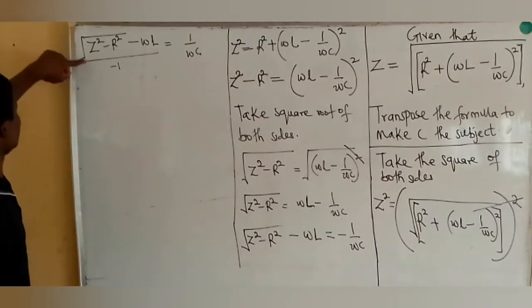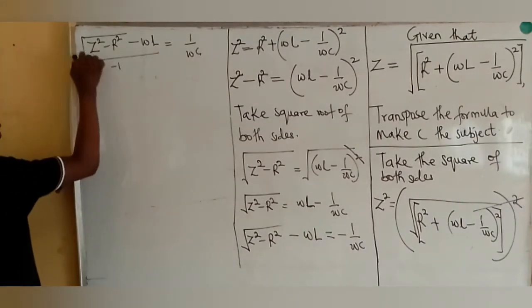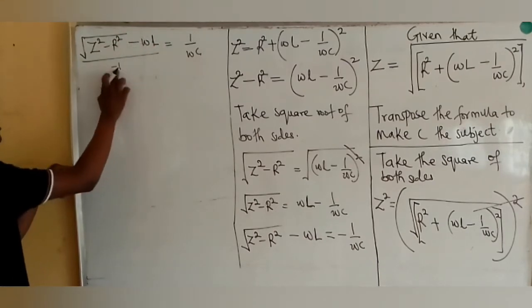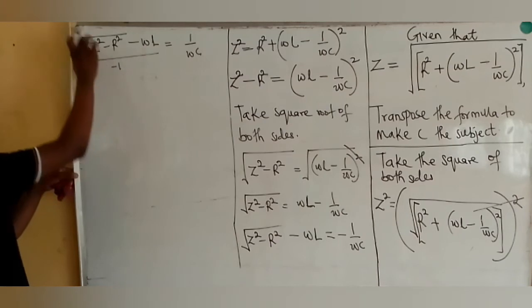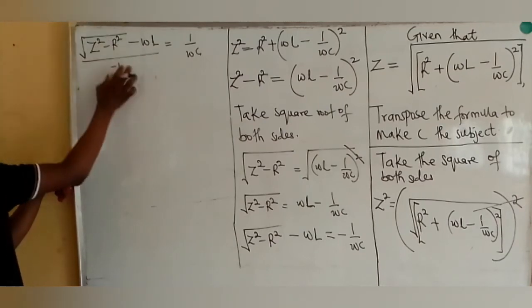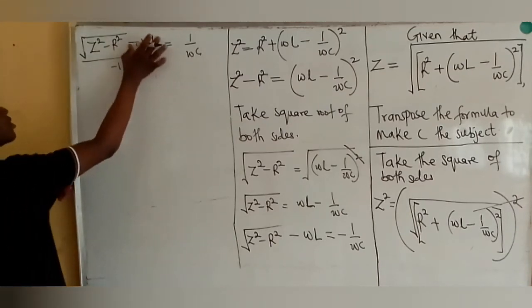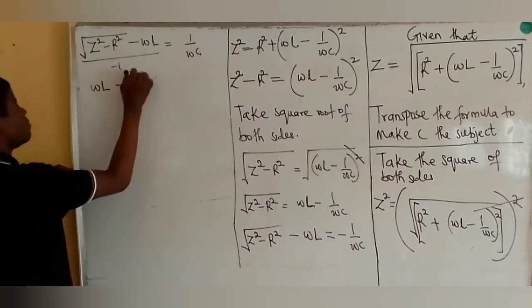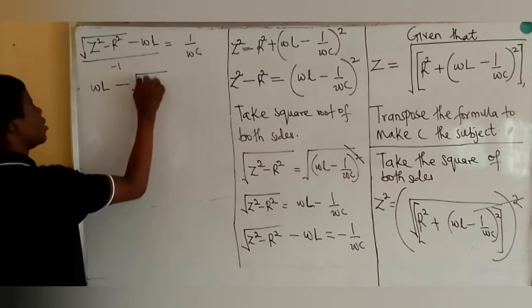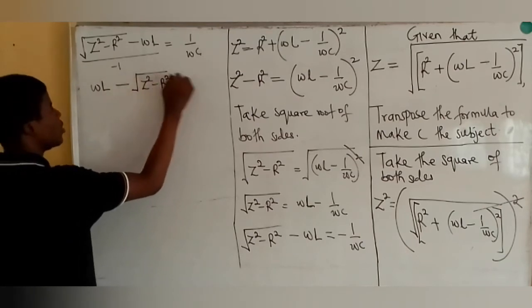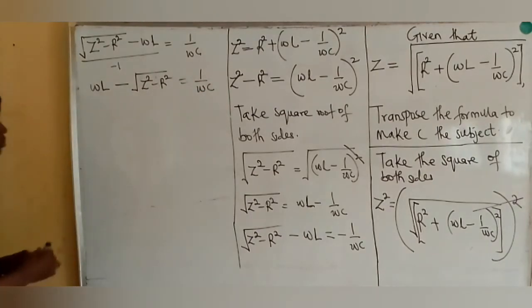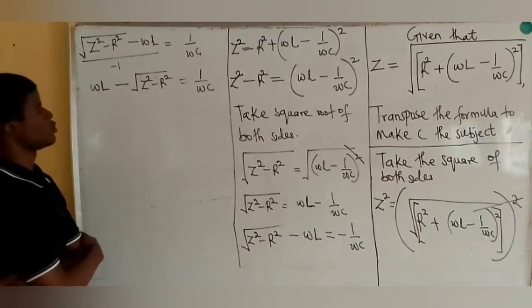So let me simplify this for you in a short way. This one is carrying minus. By the time I divide it by a negative number, it turns to positive. If I divide this one, which is positive, by a negative number, it turns to negative. So this positive will come first as omega L. So I'll turn to negative: omega L minus root Z squared minus R squared equal to 1 over omega C. Good. So we are almost through.